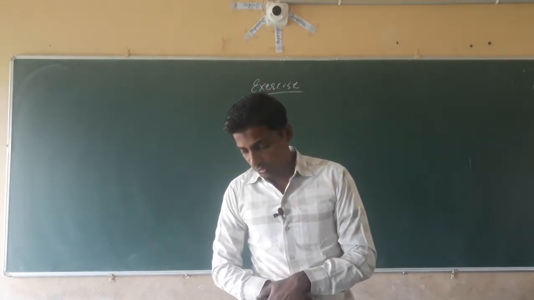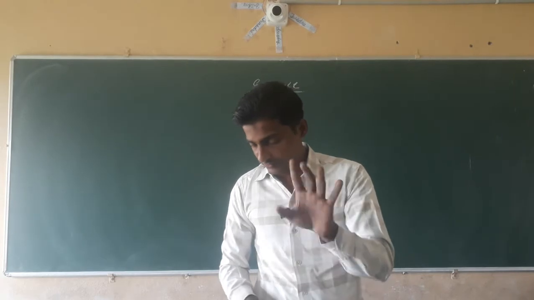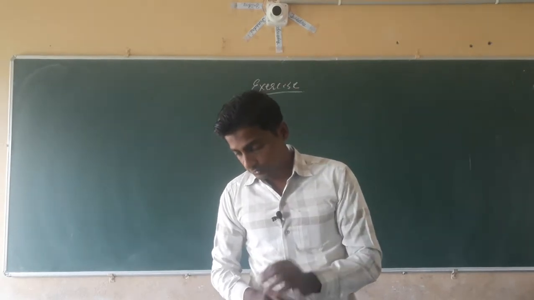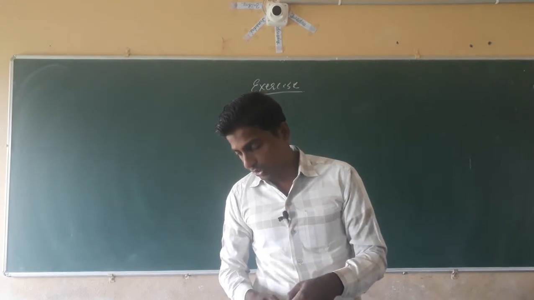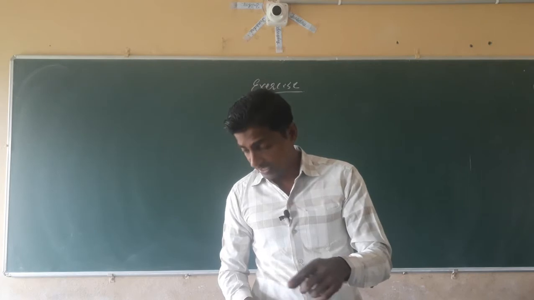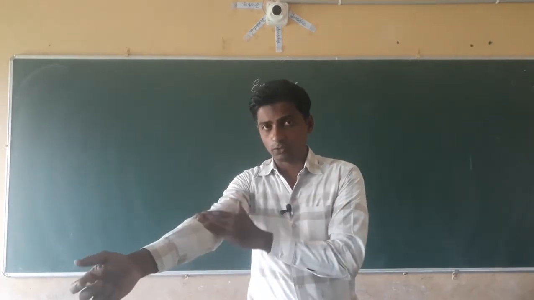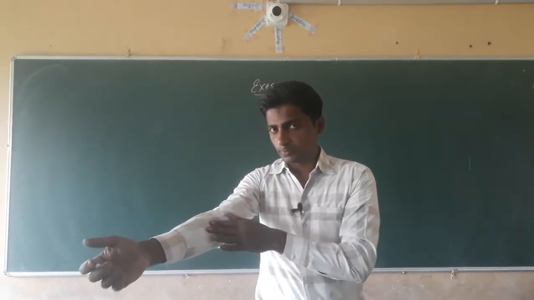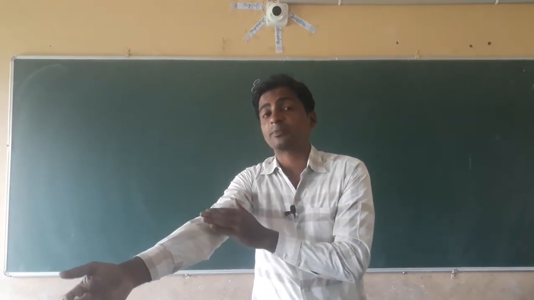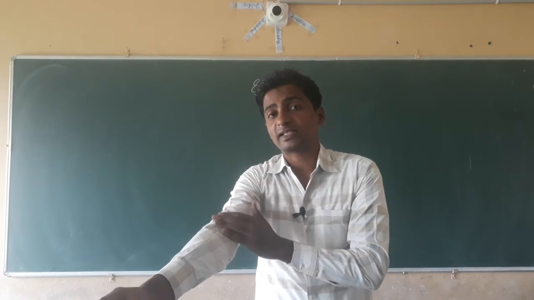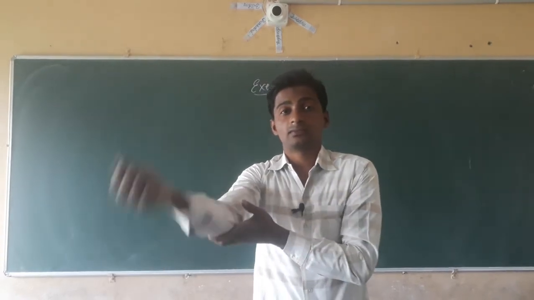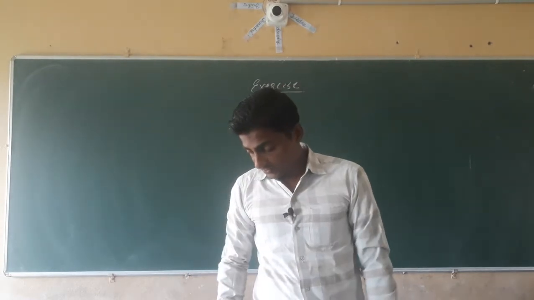Next, the third question: the bones at the elbow are joined by a dash joint. Which joint is present here? In the previous class we have studied, that is hinge joint.